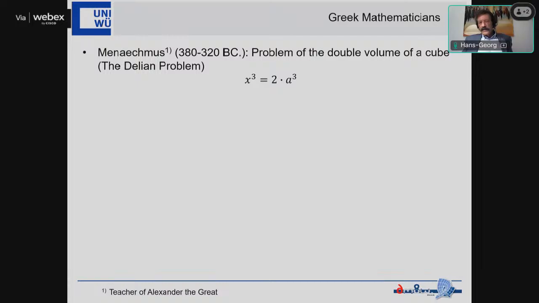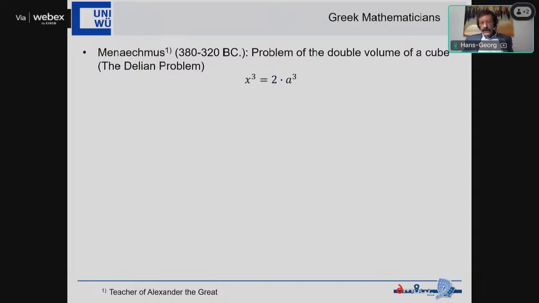Maybe it was around 400, 300 before Christ, and it was the problem of doubling the volume of a cube, and it is a well-known topic. Yes, if you have a cube and you want the side of a cube which has double the volume of the original cube, you get this equation.